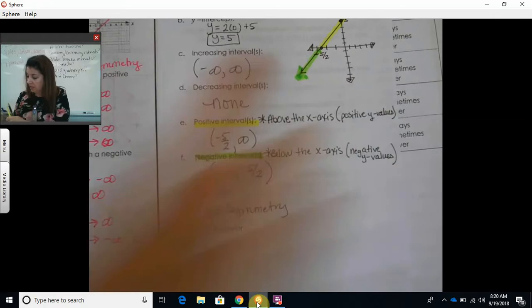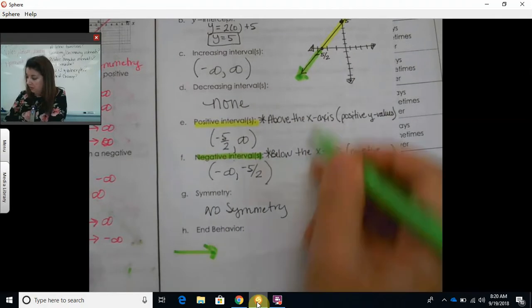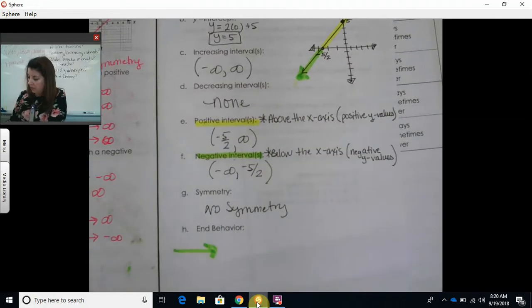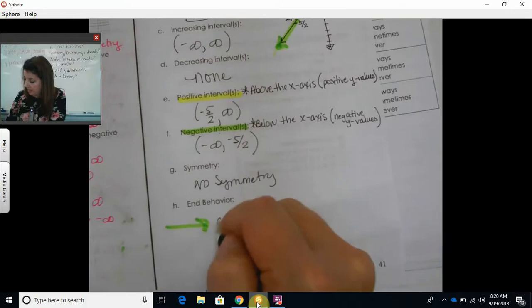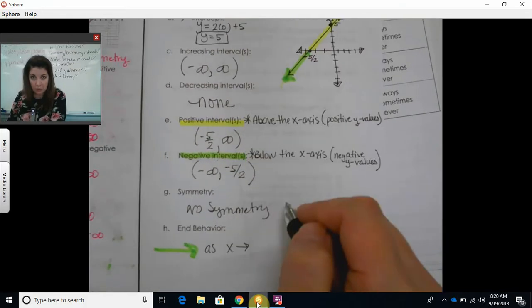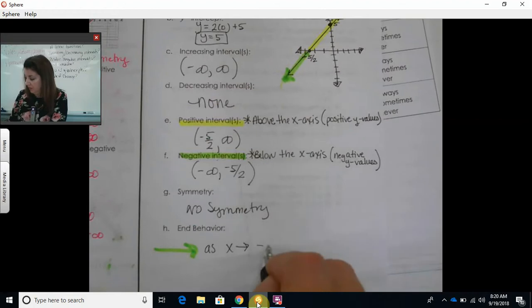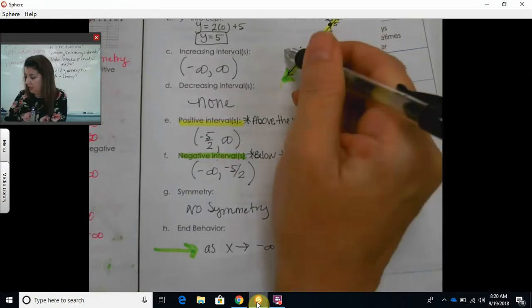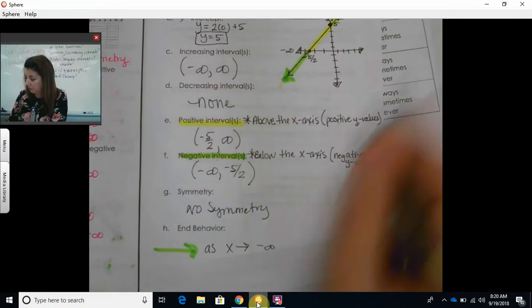So end behavior for the left side, I'll use that green color. And that says as x approaches, what's the green part of my graph? Where's x going to? Negative infinity. When you go to the left, you're always going to negative infinity on the x-axis.